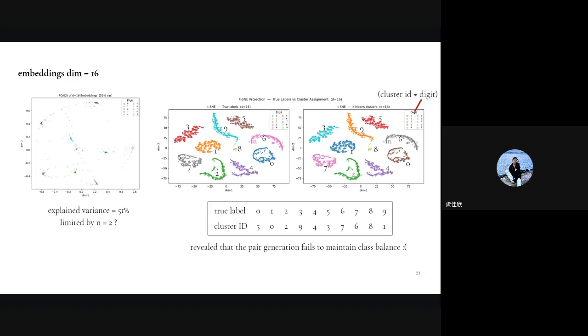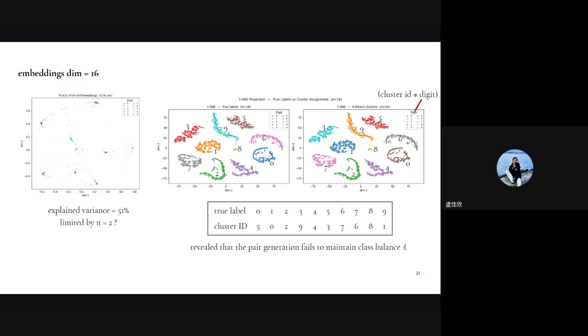And the PCA here, perhaps because there are only 2 components used but there are 16 dimensions, has an explained variance of only 51% according to the code results, which is not very ideal.